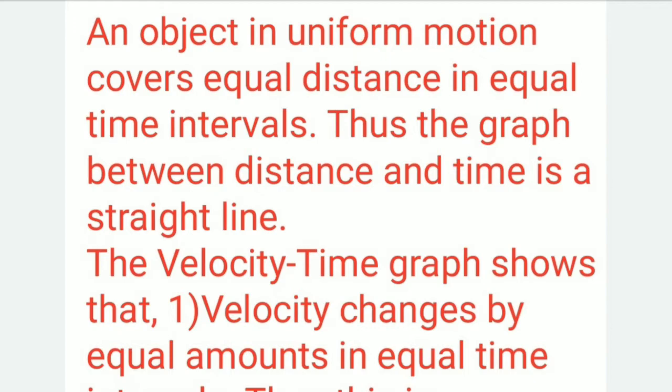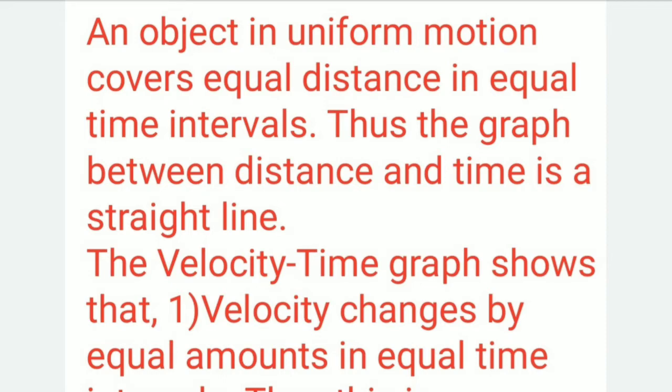From this velocity time graph, it shows that an object in uniform motion covers equal distance in equal time intervals. Thus, the graph between distance and time is a straight line.